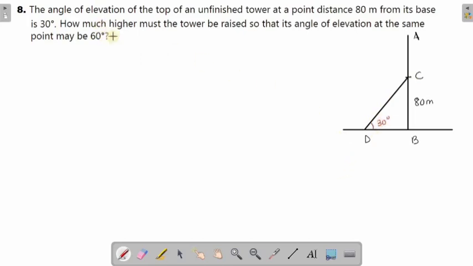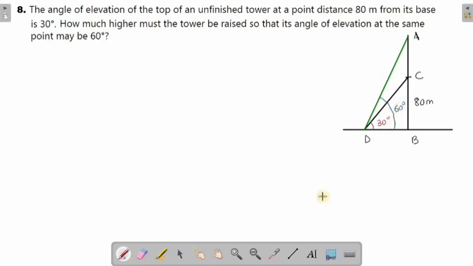Okay, now the question is asking how much higher the tower must be raised so that the angle of elevation from the same point may be 60 degrees. Now if you join this top A to the very same point D, then this new angle becomes 60 degrees.